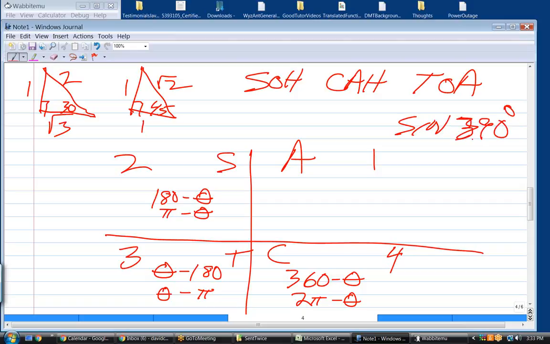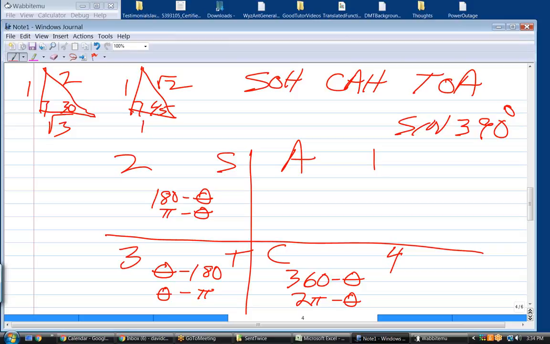How am I going to do that? What's the sine of 390 degrees? In other words, greater than the unit circle. The sine of 390 degrees.